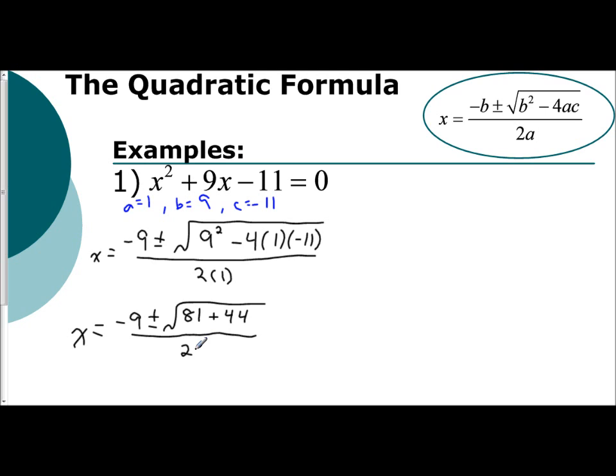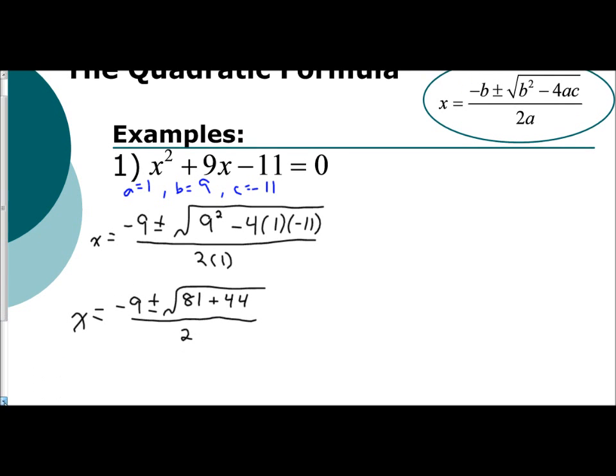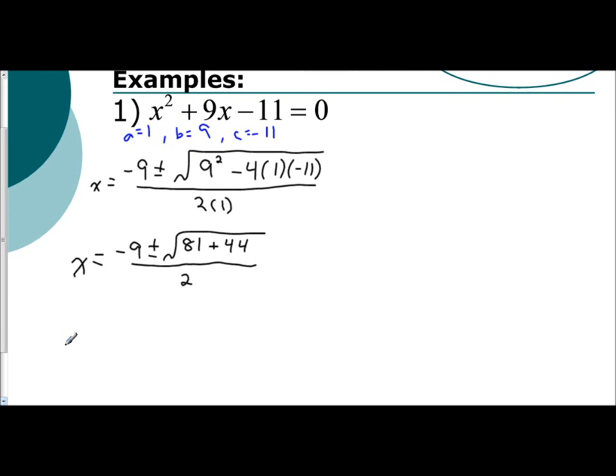So we can go a little bit further. 81 plus 44 inside the radical can still be simplified. So I get x equals negative 9 plus or minus the square root of 125 over 2. Well, the square root of 125, we are going to have to simplify that radical. 125 is not a perfect square.